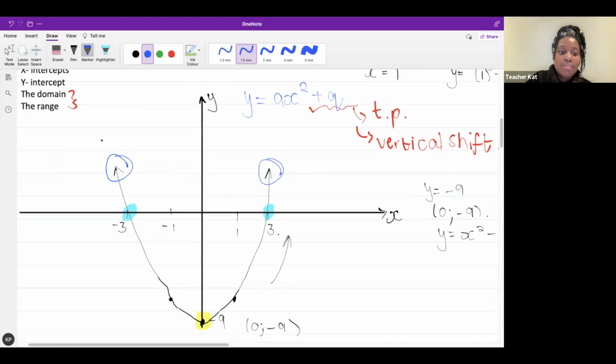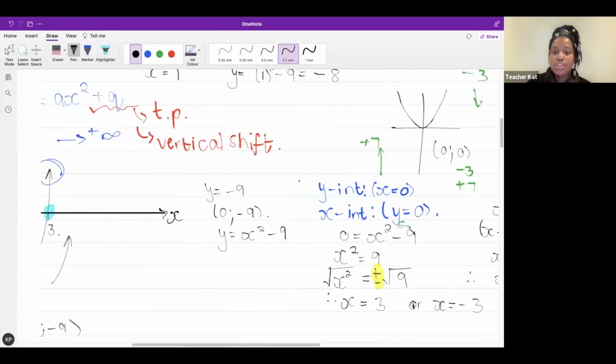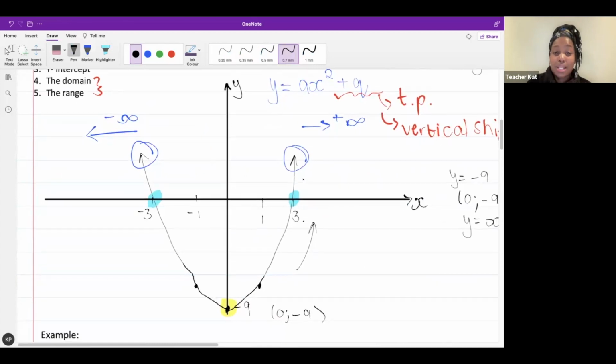Do you see on my left-hand side, it's going to keep going to negative infinity forever and ever. There is no point where it's going to stop. And on my right, it's going to keep going to positive infinity, as in it's going to keep going wider and wider. So then, for this specific graph, what is my domain? We just established that it's basically all the numbers ever, right?